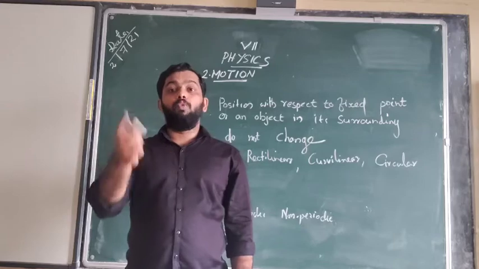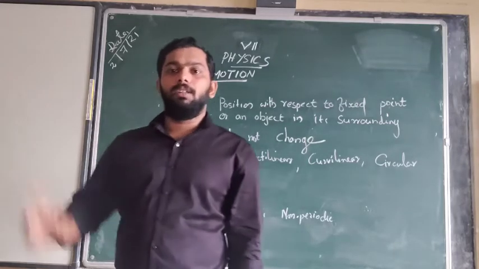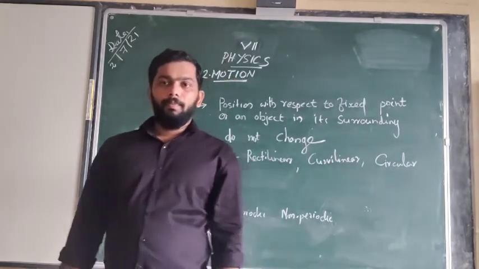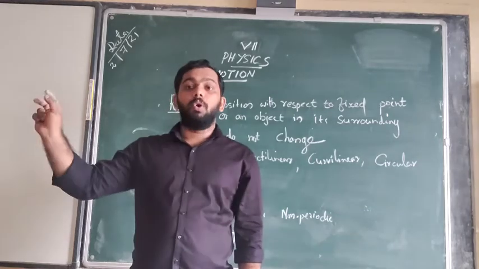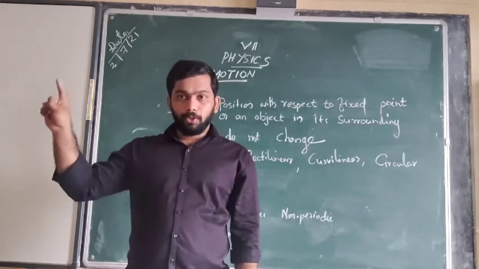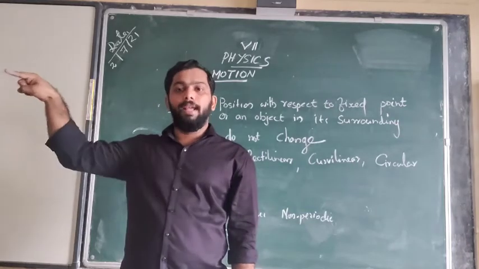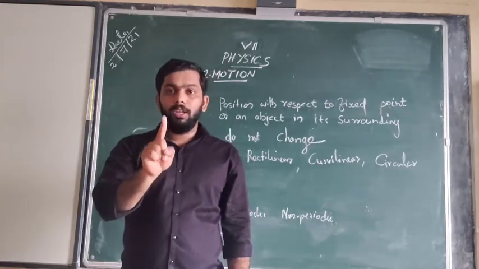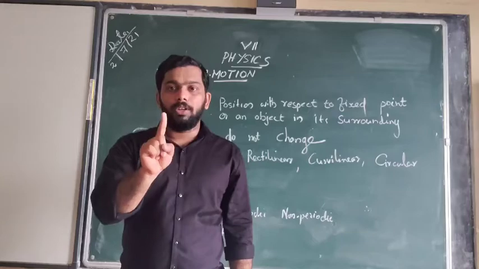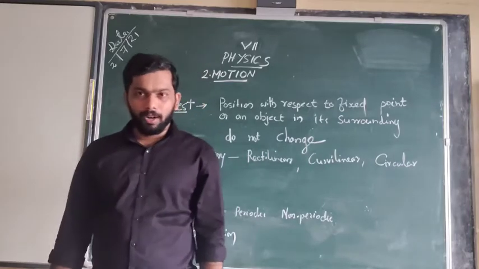After every period, you check the cycle. The position of the cycle is not changing. If the position of the cycle is not changing with respect to the surroundings, we can say that the cycle is at rest. I hope you understand.